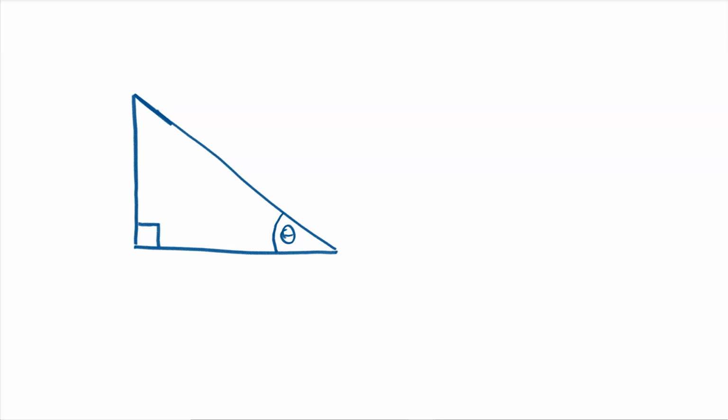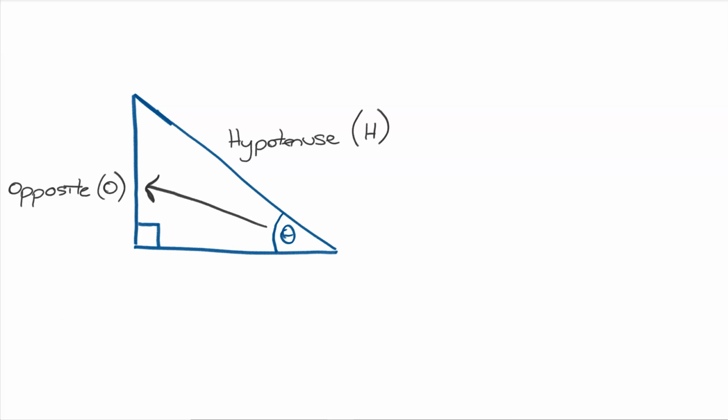First things first, the longest side of the triangle, the ramp, is called the hypotenuse, and we can define that as capital H. The side right opposite the angle is called the opposite, and we can write this as O. And the last side, down the bottom, we call the adjacent, because it's adjacent to the angle, and we can write that as capital A.